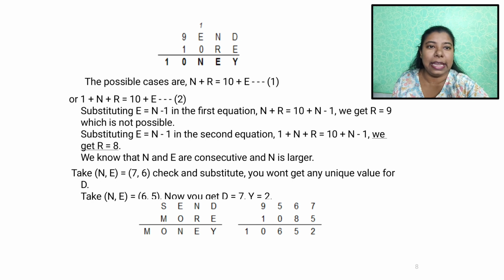Suppose D and E equals Y, 5 and 7. By adding we have 2, and 1 carry that will be forwarded to the next. 6 and 8, that is the alphabet values of N and R, that is 14, and along with 1 carry, 15, 5. Then again the carry will be sent to the next bit. Where E equals 5, O equals 0 and the previous carry, both equal 6.